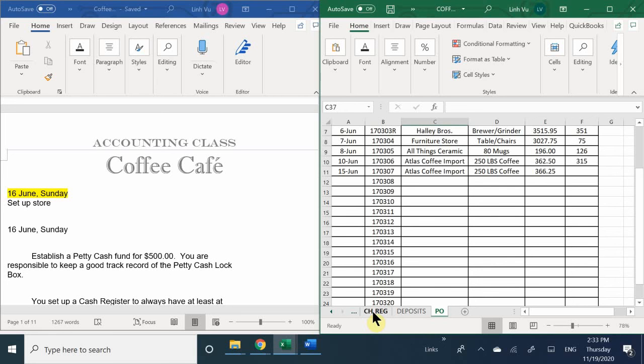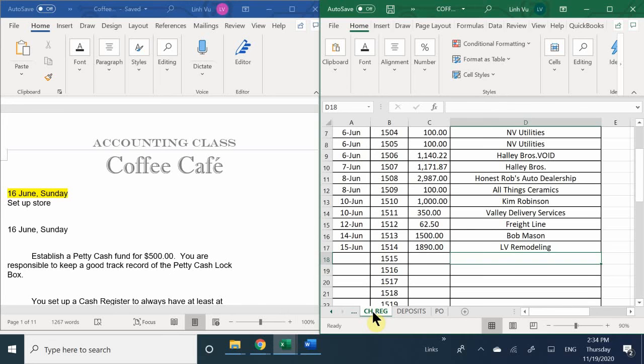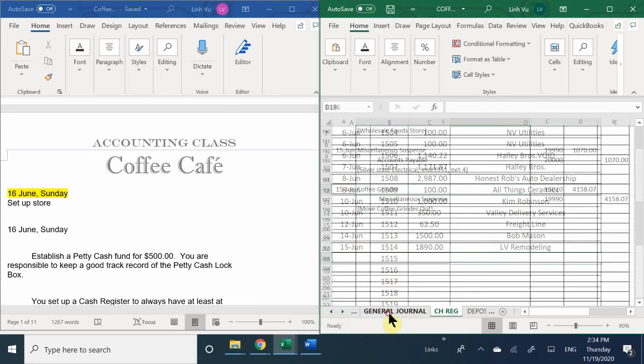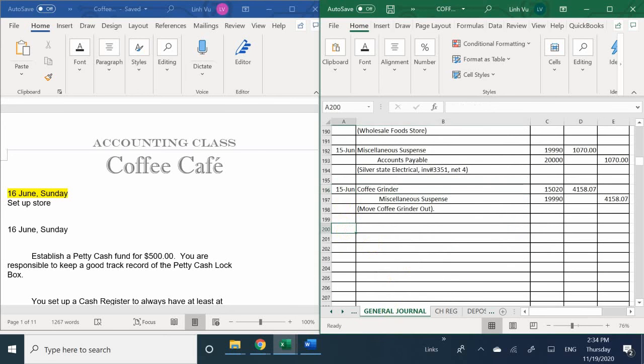Yes, because the amount for the petty cash is 500. What is the amount in the cash register? Two different amounts. So we're going to do the petty cash first. Petty cash, oh, here it is. 10,200 is the number on petty cash, and it's going to be 500.